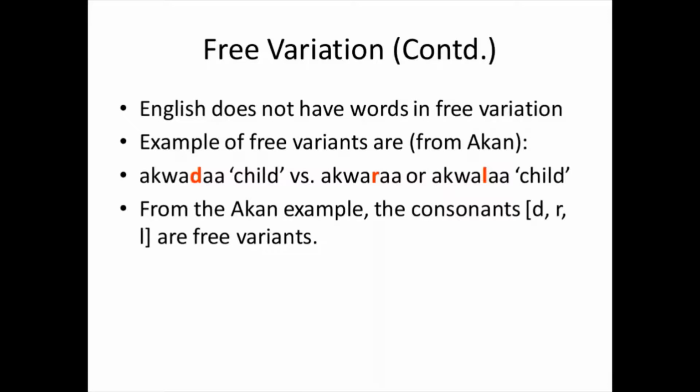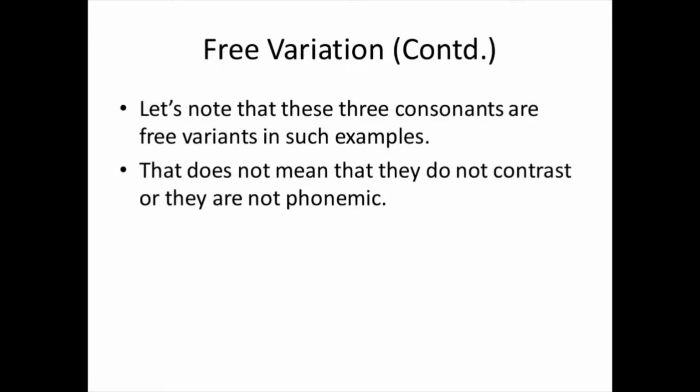Does it mean d, r and l are not phonemes in Akan? The answer is no. Each is a phoneme on its own. That means each, when changed in other words, can bring about a change in meaning, but not in this example we have given you.